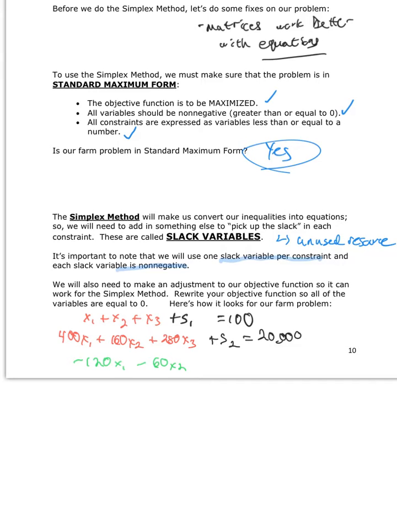And I'm going to change that back here. That should be 40 x2 because that's the right number here. So minus 40 x2 minus 60 x3 plus z is now equal to 0. So that's how that works for setting up our simplex method problem from the farm issue.